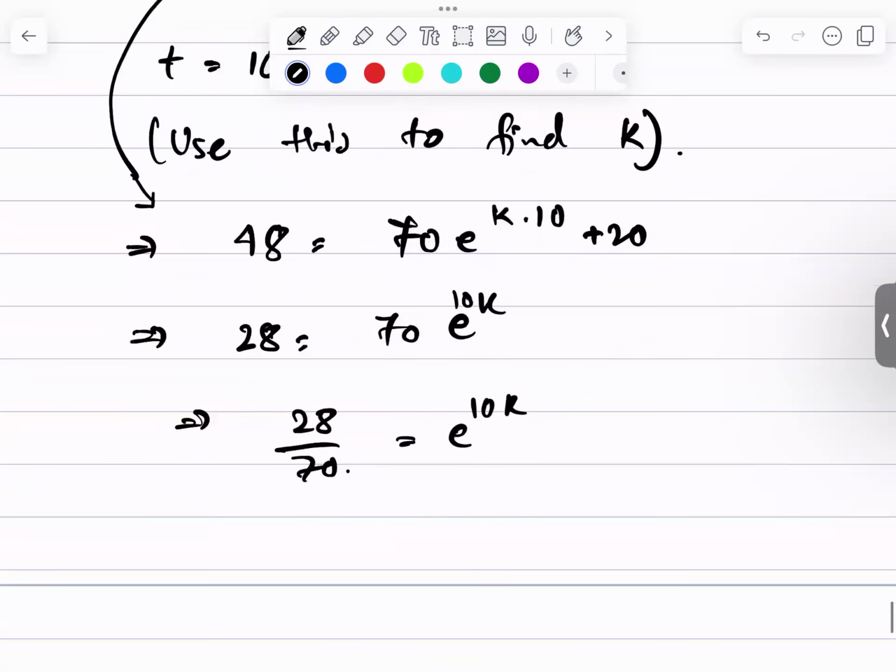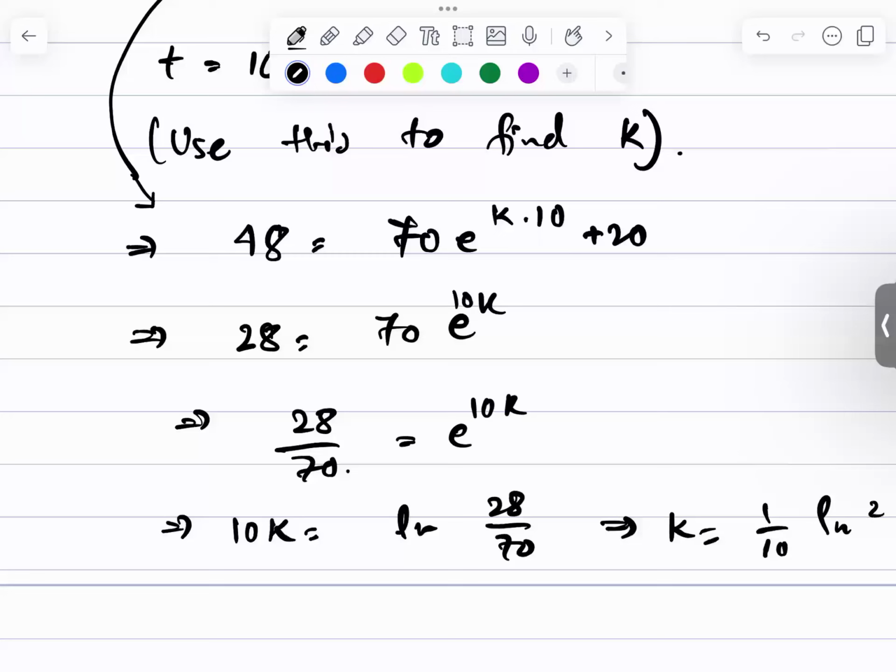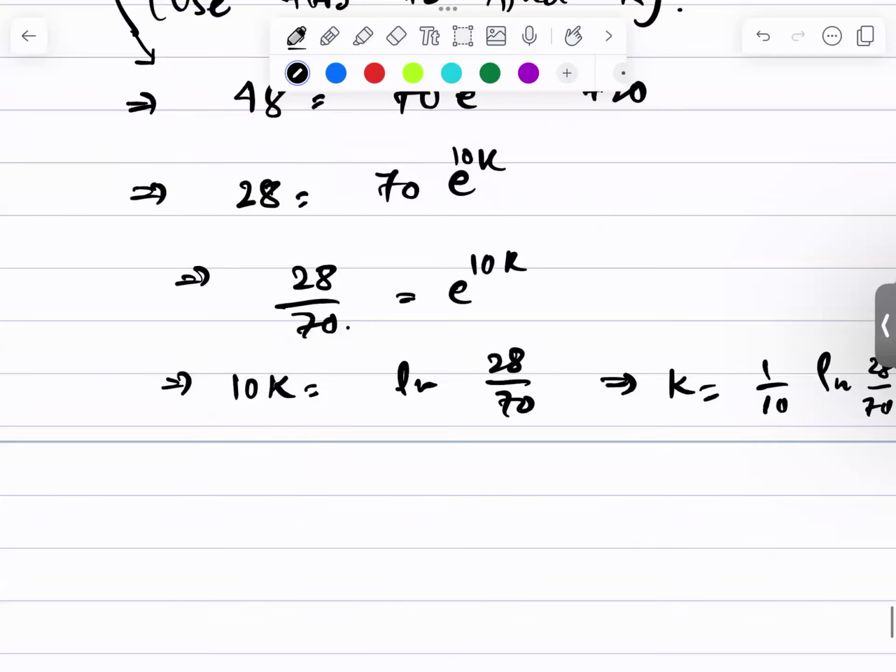Or this is basically, so 10k is ln 28 over 70. So k is 1 over 10 ln 28 over 70, right?